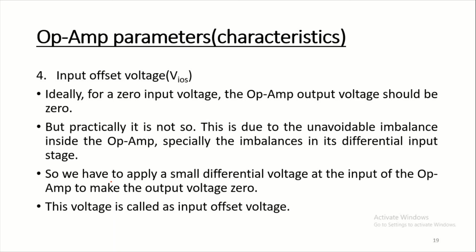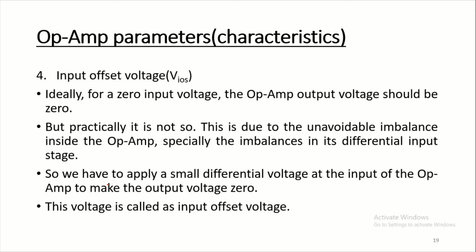So, we have to apply a small differential voltage at the input of the op-amp to make the output voltage 0. This voltage is called the input offset voltage. A small differential input voltage that is required to be applied to an op-amp in order to make its output 0 is called the input offset voltage.